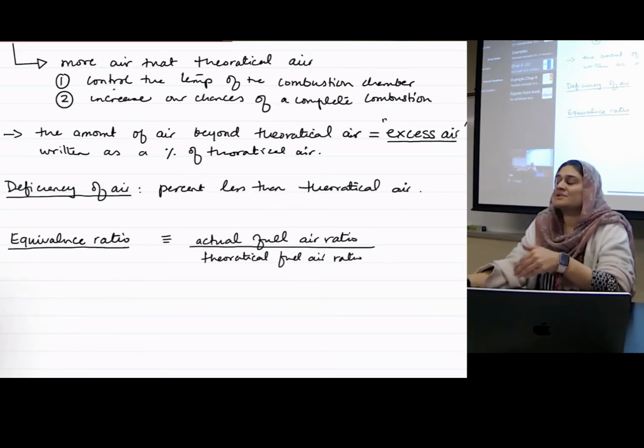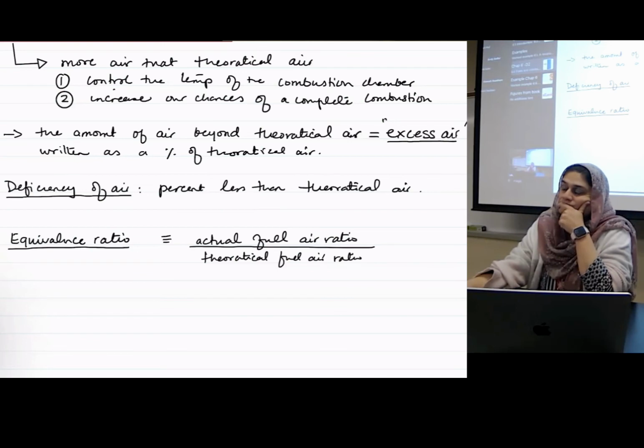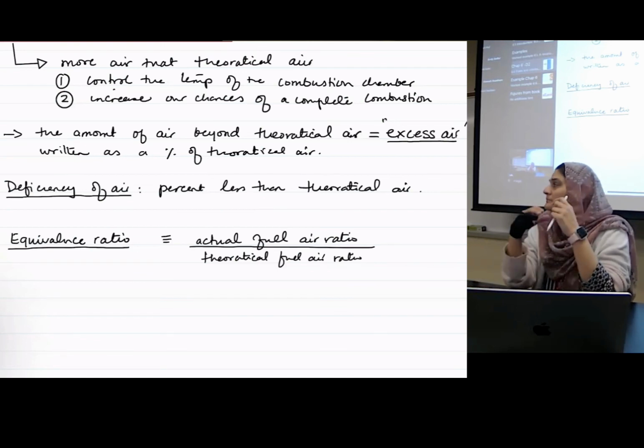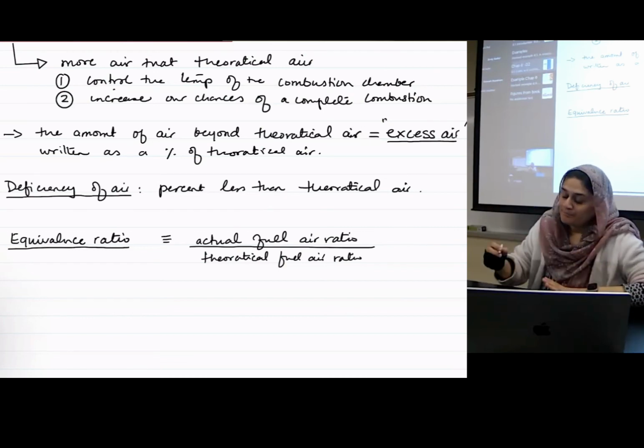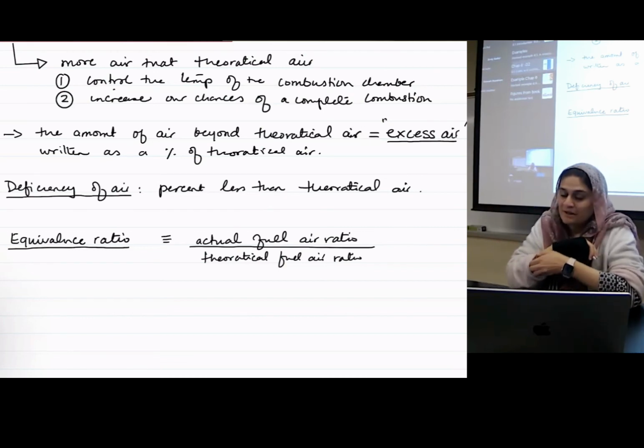Why do we need this? We're talking about real life. What is real life? Messy and complicated. So because real life is messy and complicated, what is the likelihood that we will always have ideal combustion?